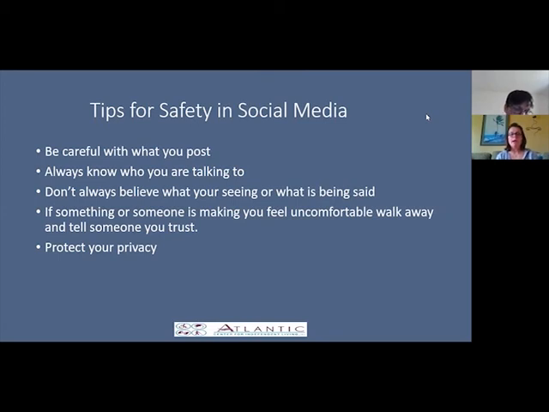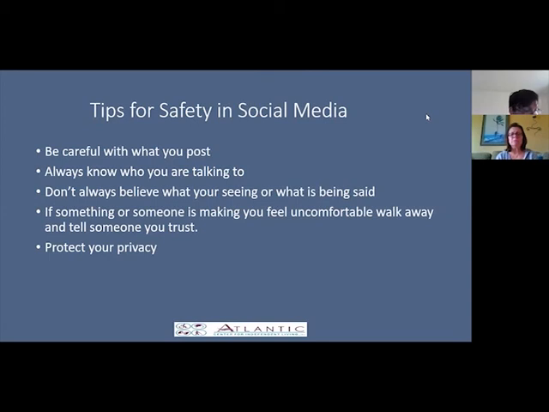Yeah, so walk away. And I do think it's important to tell someone that you trust, especially to our younger viewers. It's always good to have that safety net in place of trusted adults that we can go to with things that we are worried about or concerned or don't feel comfortable with.